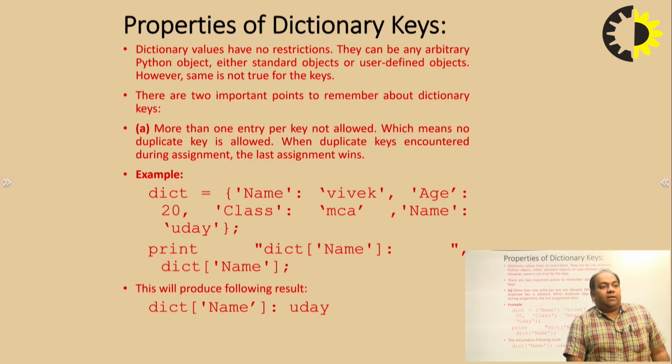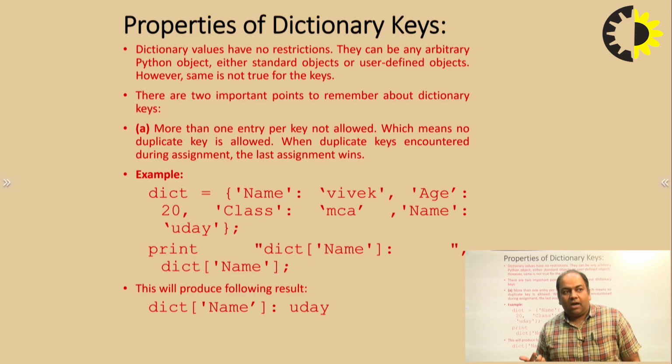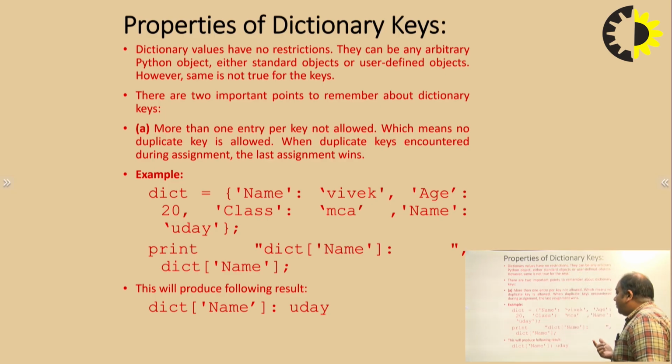If any duplicate key is encountered, then the last assignment will be kept and the previous assignment will not be shown. Like I show in this example, name Vivek we have defined earlier, but we also defined name Uday. So it will display the name Uday.